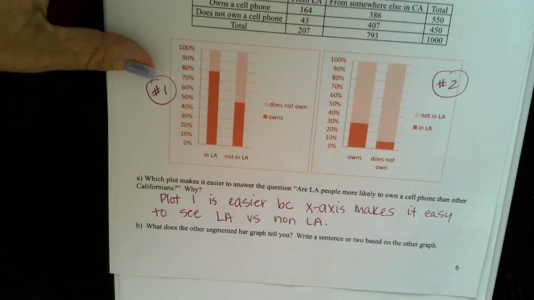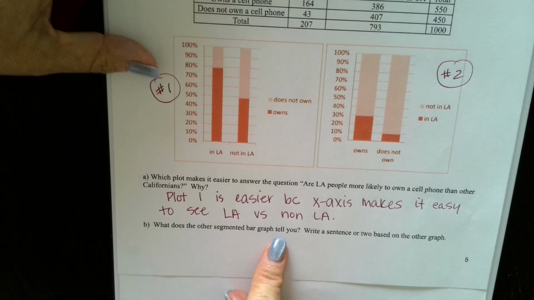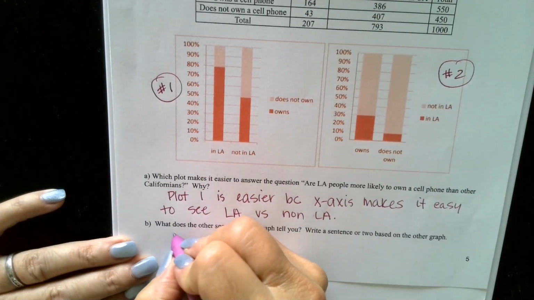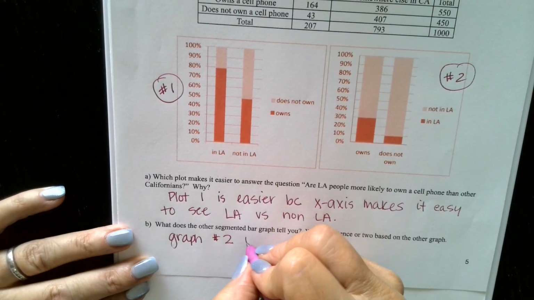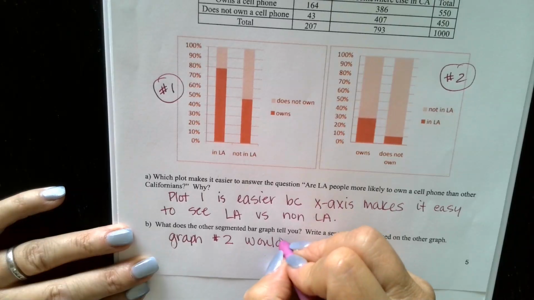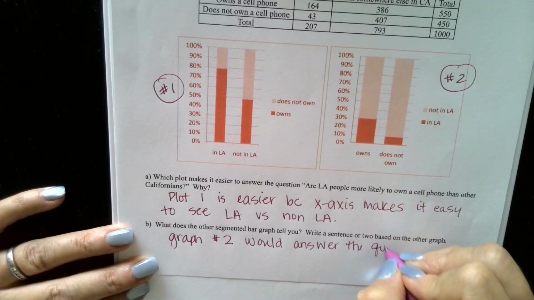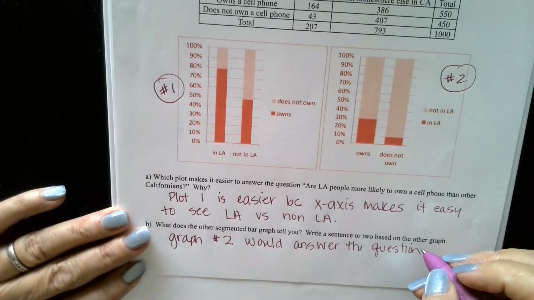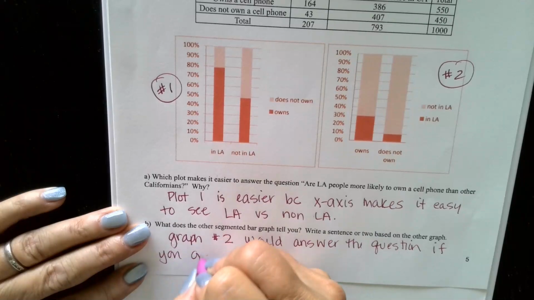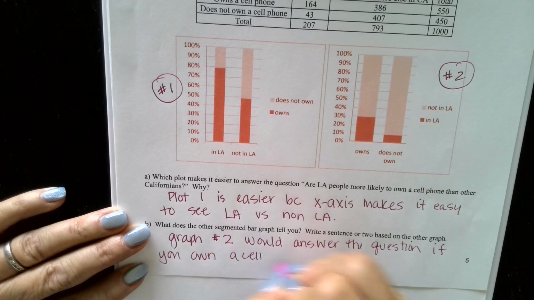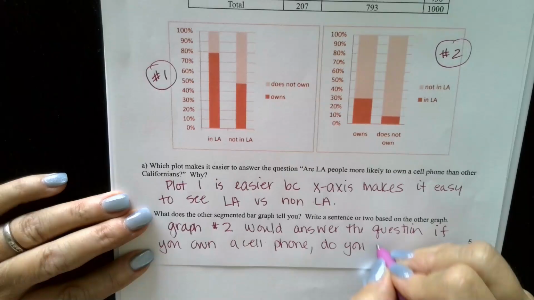The second question, what does the other segmented bar graph tell you? So what I would say here is that graph 2 would answer the question, if you own a cell phone, do you live in LA?